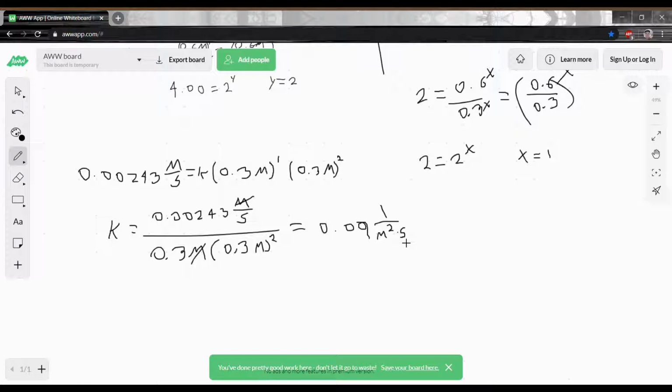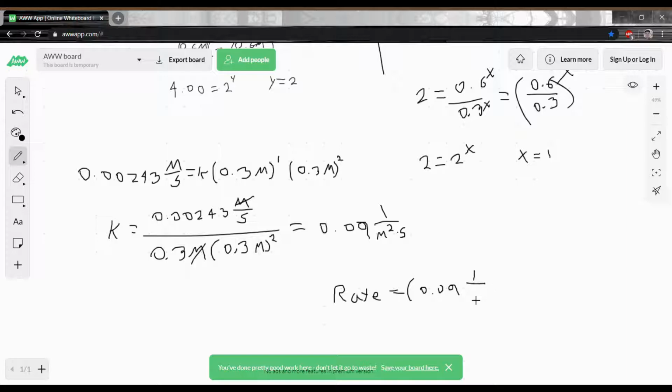We can plug this rate constant back into our general equation to get a standard form equation for this chemical reaction. So plugging it in, we get that rate is equal to our calculated value, 0.09.